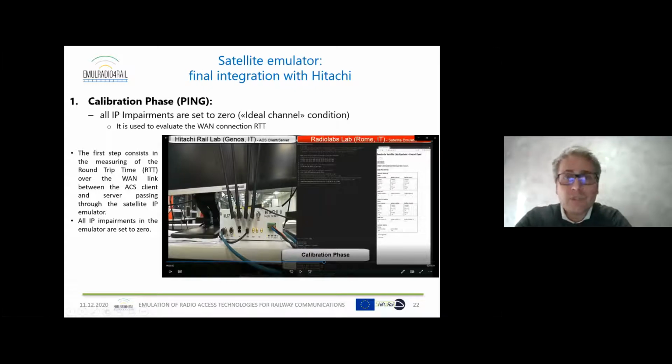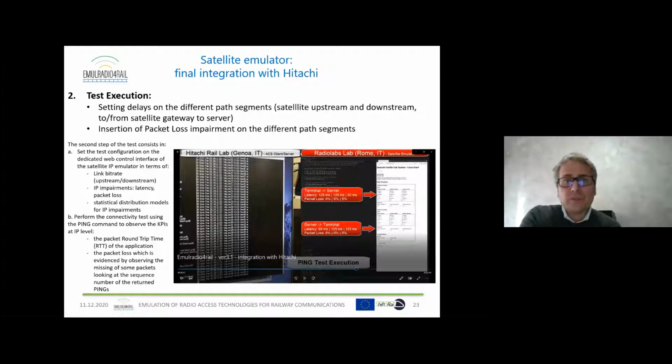The first step consists, of course, in measuring the RTT, the round trip time, over the wide area connections. As I said before, all IP impairments are set to 0. After the calibration phase, we proceeded to execute the connectivity test in order to see if both of the previous objects, ICS client and ICS server, were able to reach our emulator in Rome.